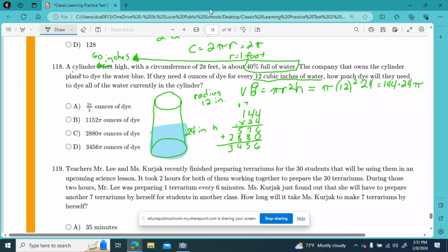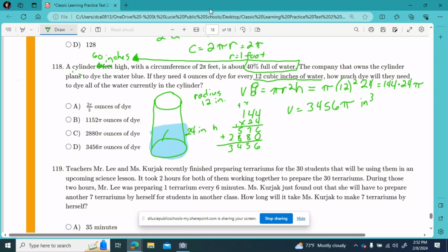So we have a volume right here of a total of 3,456 pi cubic inches. And then it says they only need 4 ounces of dye for every 12 cubic inches of water.